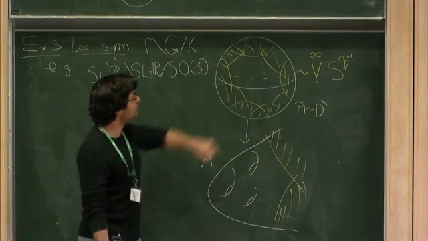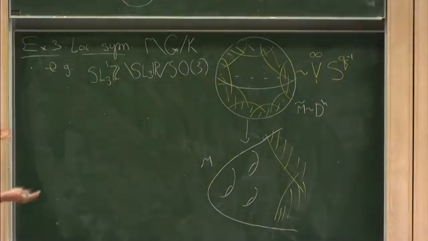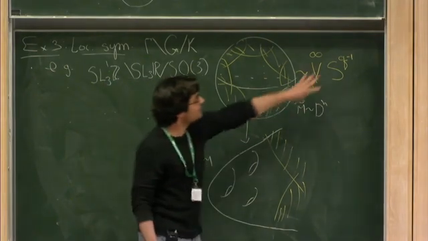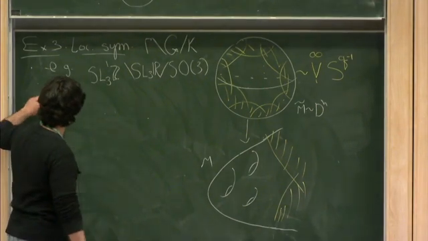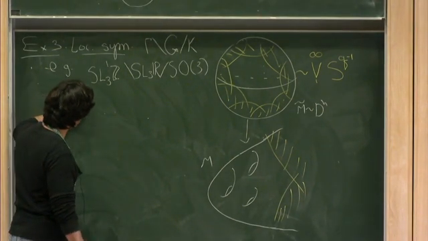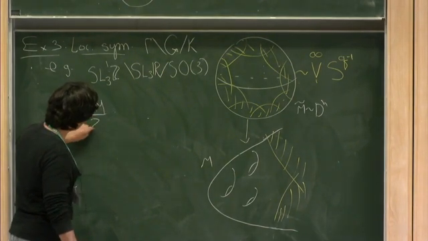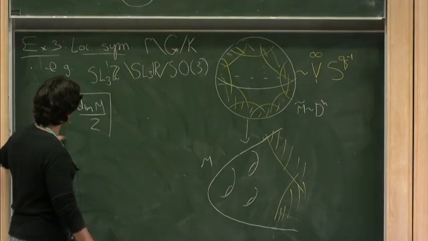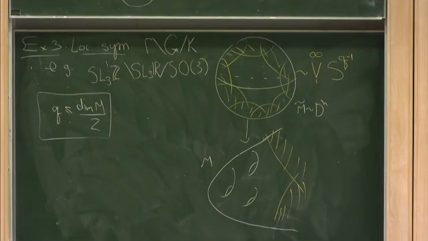By looking at the different types of locally symmetric spaces, one finds that this Q will always be less than or equal to the dimension of the manifold over 2. This is something that one can notice.